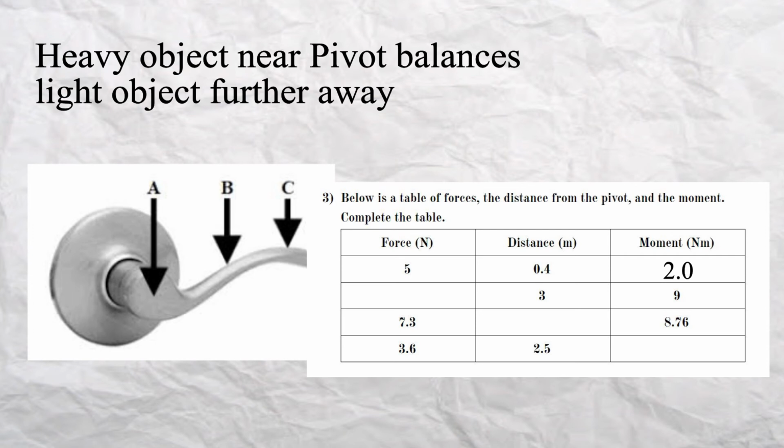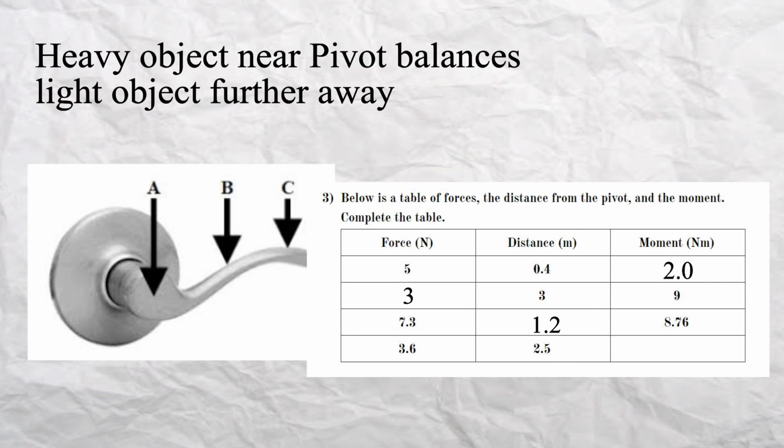Well, force is the moment divided by the distance. 9 divided by 3 equals 3 newtons because it's a force. In line 3, we want distance. Distance will be the moment divided by the force. Now, the numbers aren't quite so nice here, but that's 8.76 divided by 7.3. You probably need a calculator, but it works out as exactly 1.2 meters, small m.